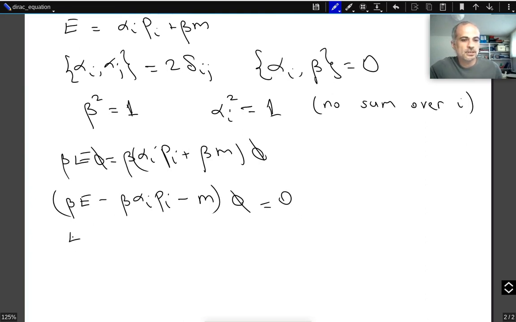Now energy and momentum is a 4-vector, p_μ.